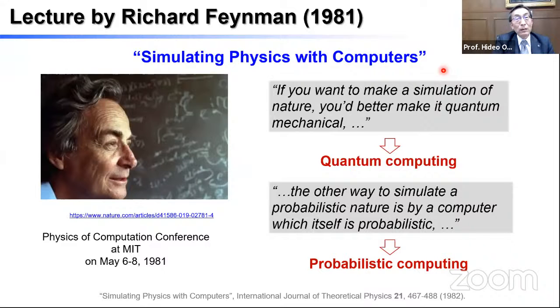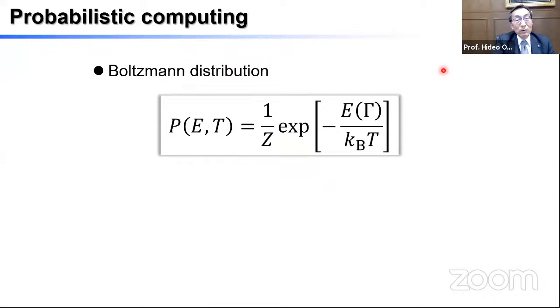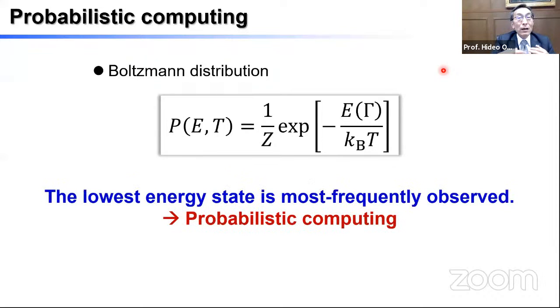So basically, what you need to do is design things in such a way that you can get this energy landscape. The lowest portion of the energy landscape gives you the answer or the solution to the question. So the lowest energy state is most frequently observed, and so you observe the system and you get the answer or solution.